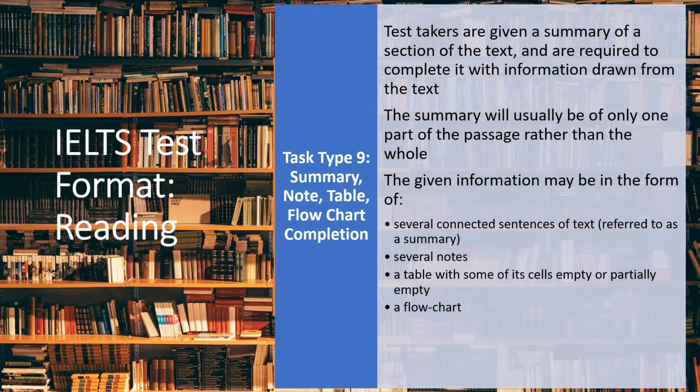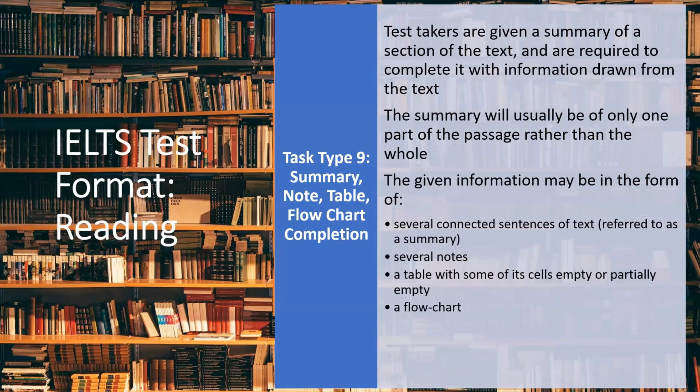Test takers are given a summary of a section of the text and are required to complete it with information drawn from the text. Information definitely comes from the text and we have to complete that summary. The summary will usually be of one part of the passage rather than the whole. So the summary will not be of the entire text.